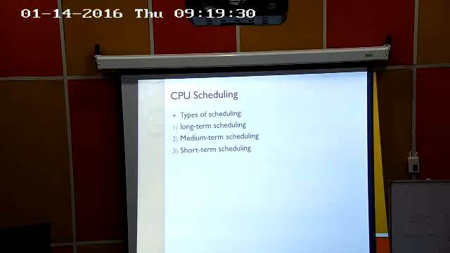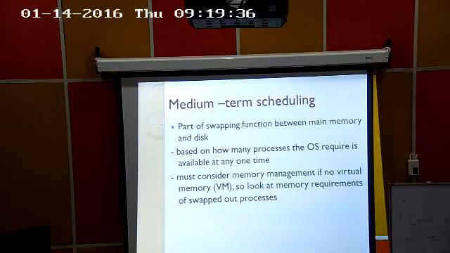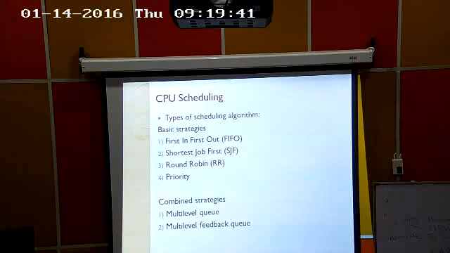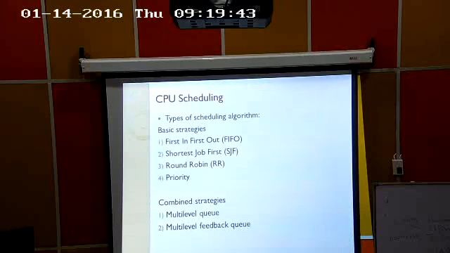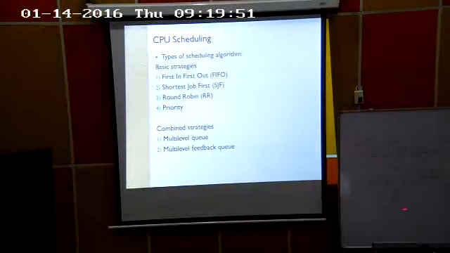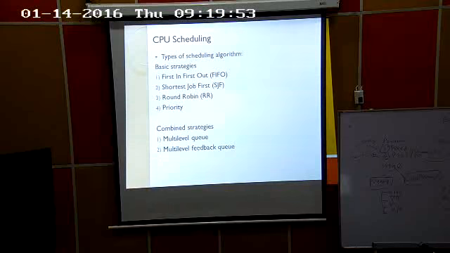Scheduling: you can read the types of scheduling, long term, medium, and short term. The strategies are FIFO, SJF, round robin, and priority.